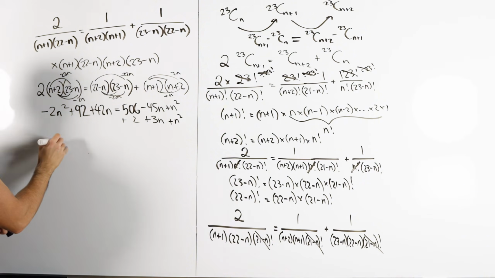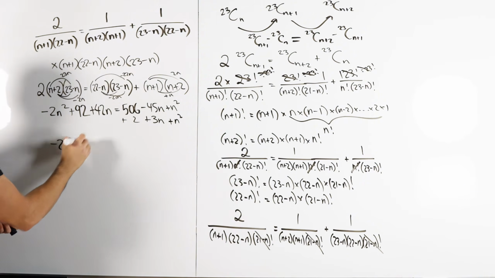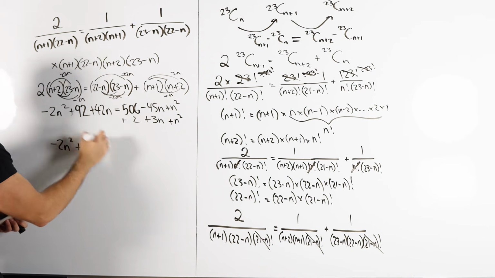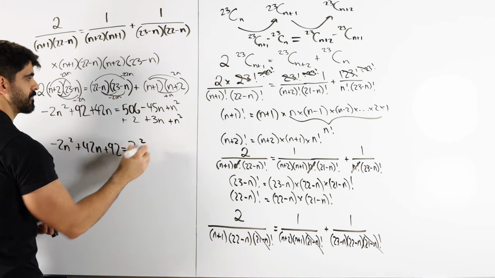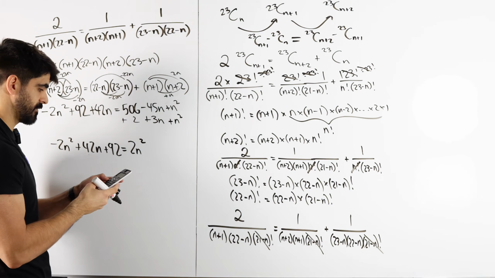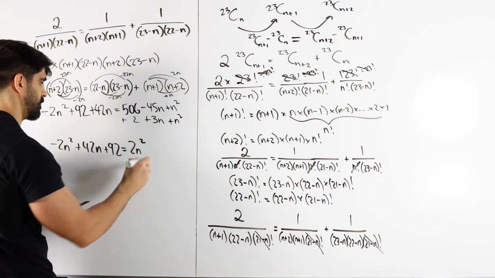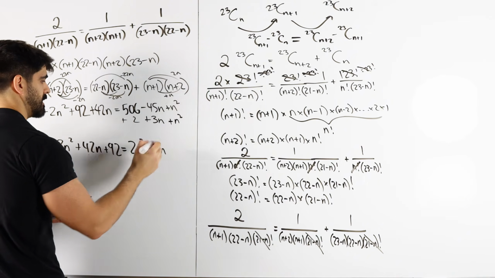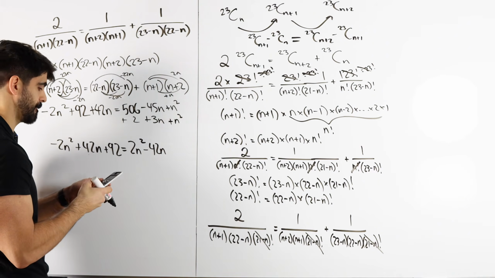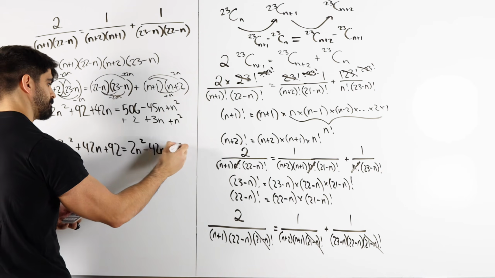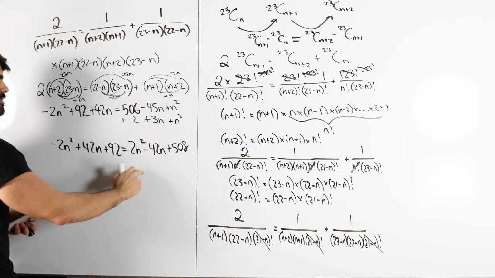So we're left with minus 2n squared plus 42n plus 92 is 2n squared minus 45 plus 3 is minus 42n. And then 506 plus 2 is 508. Bring the smaller one to the larger one.